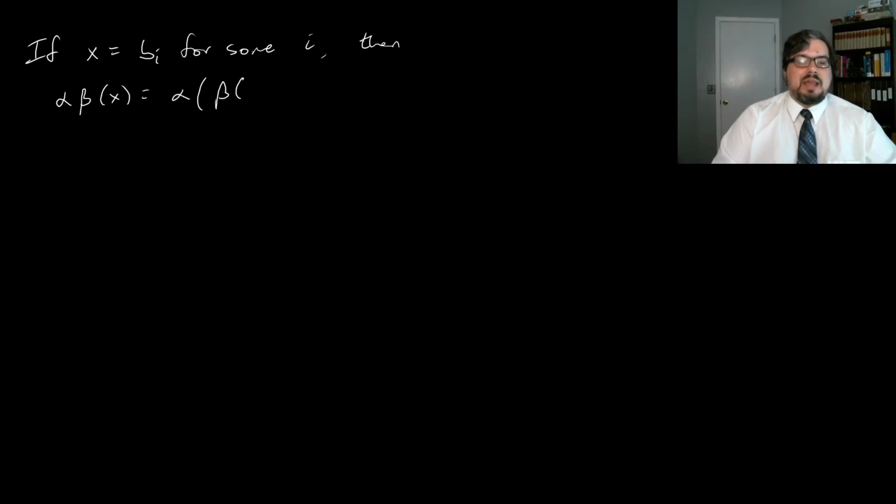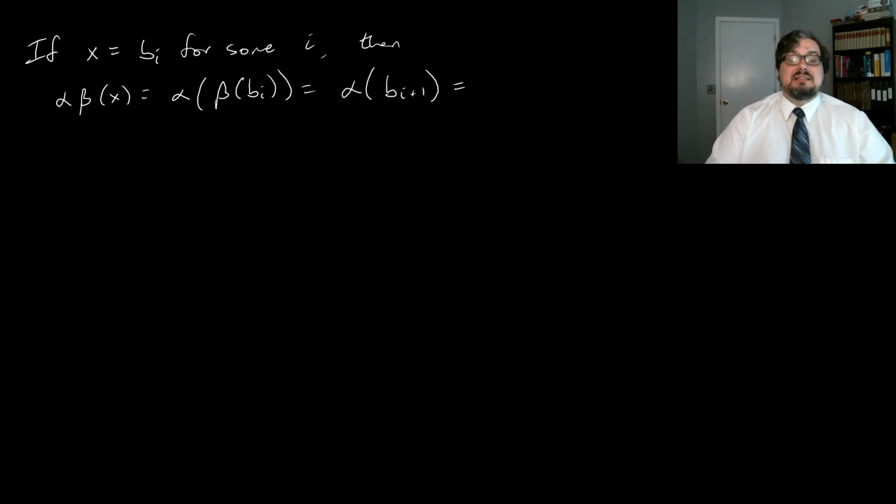If x is equal to b_i for some i, then a similar thing happens. If we take alpha beta of x, this is alpha of beta of b_i. Now, beta sends b_i to b_(i+1). And then because the b's don't appear in the cycle description of alpha, alpha sends all the b's to themselves.